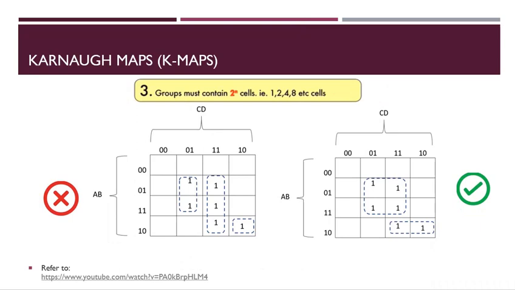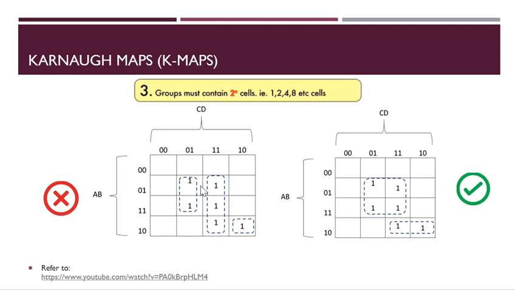The third rule is the group must contain 2 to the power of n cells. It means that it can group 1 cell, 2, 4, 8, up to 16 cells. Other than that, it cannot be grouped and it is incorrect. For example, this one is correct because it groups 1 cell.